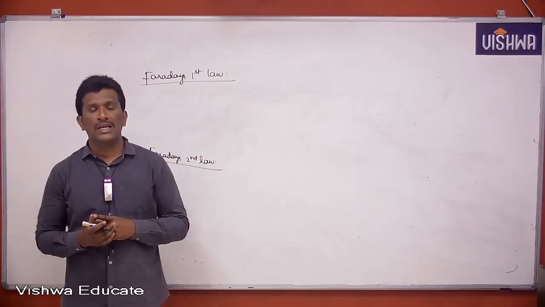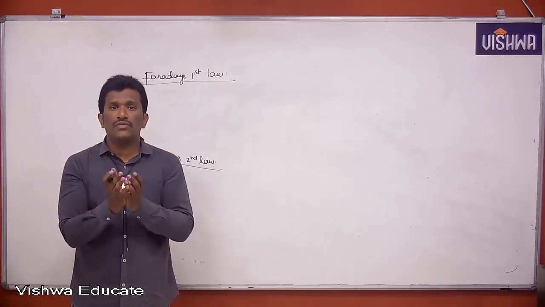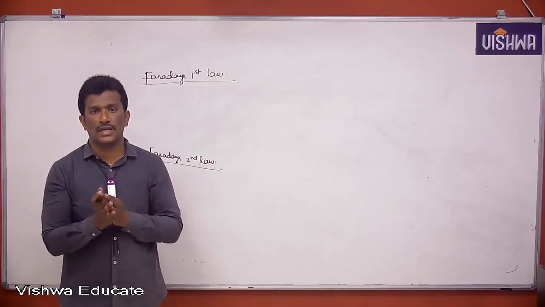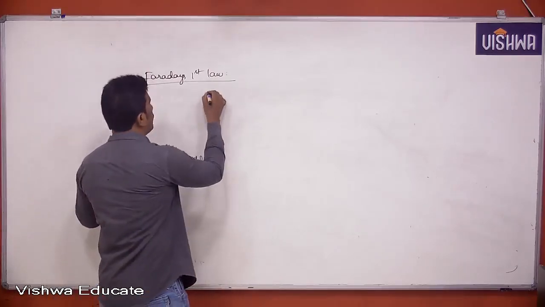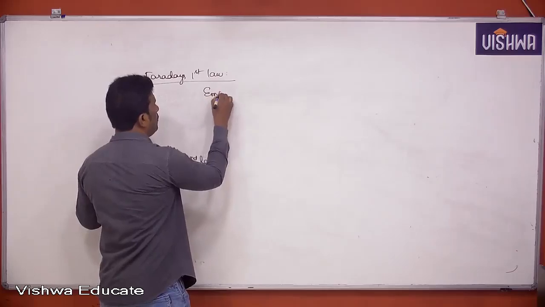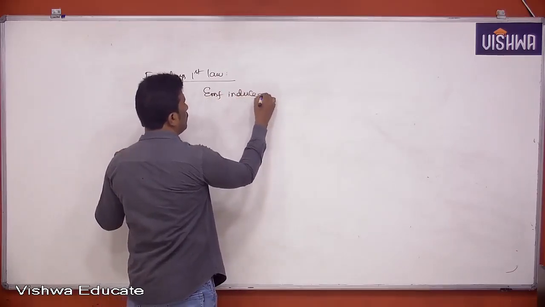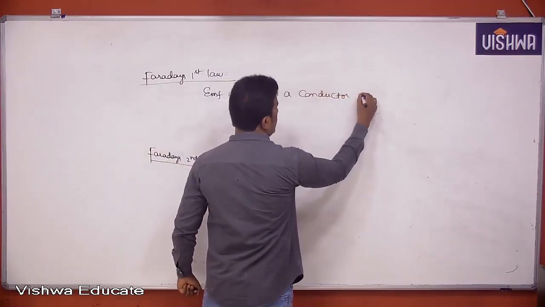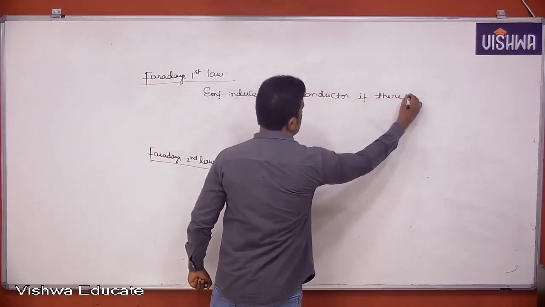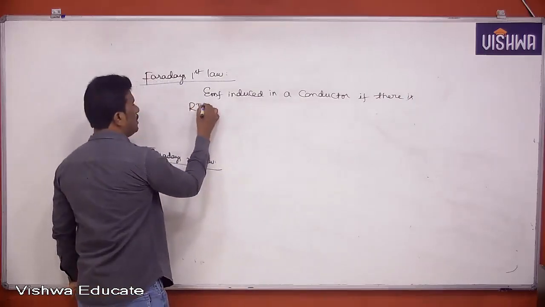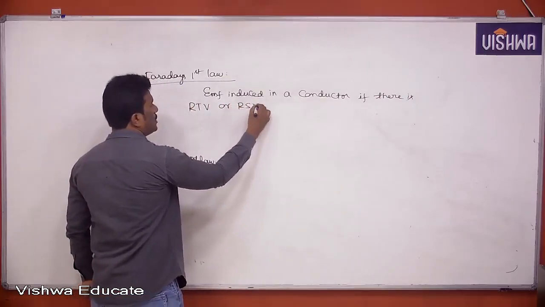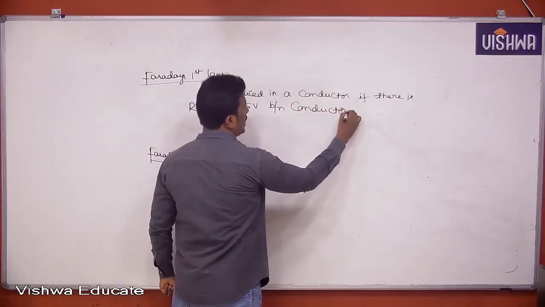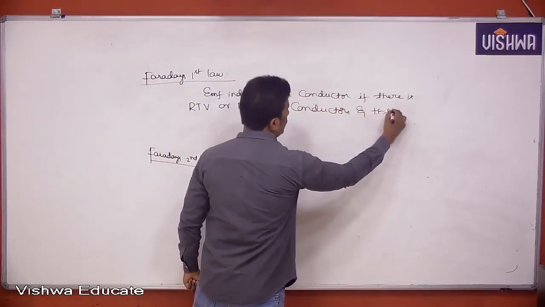Faraday's second law means what? The magnitude of induced EMF is given by Faraday's second law. How much EMF is induced is given by Faraday's second law. So let me write here. Faraday's first law means EMF is induced in a conductor if there is relative time variation or relative space variation between conductor and magnetic field.